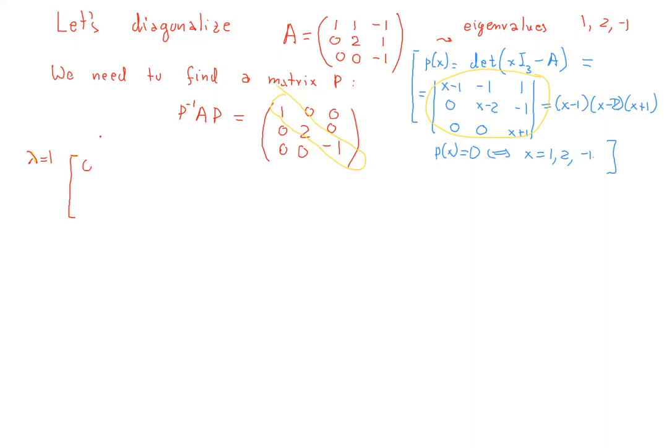I get [0, negative 1, 1, 0; 0, 1, negative 1, 0; 0, 0, 2, 0]. I plugged in, and I also put the extra column because I want to solve a system. So I want to bring this to row echelon form.